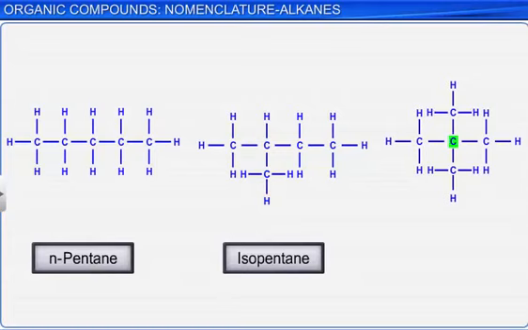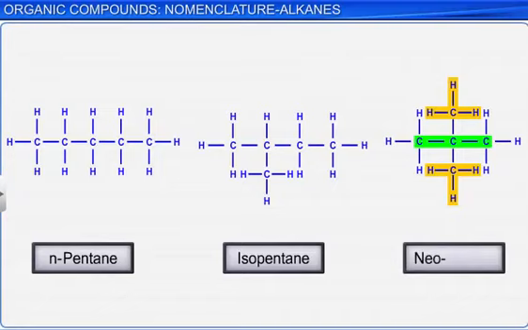If the carbon atom next to the terminal carbon has 2 methyl groups as branches, then a prefix neo is given to the name of the alkane. For example, for the structure shown here, the name given is neopentane.